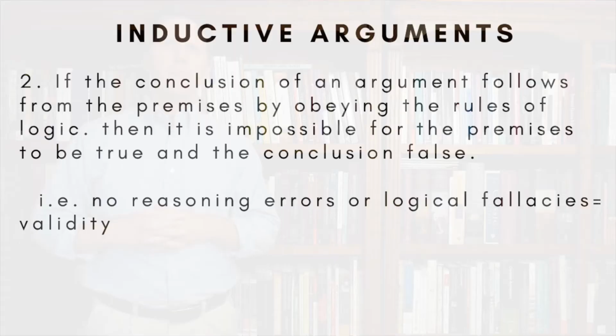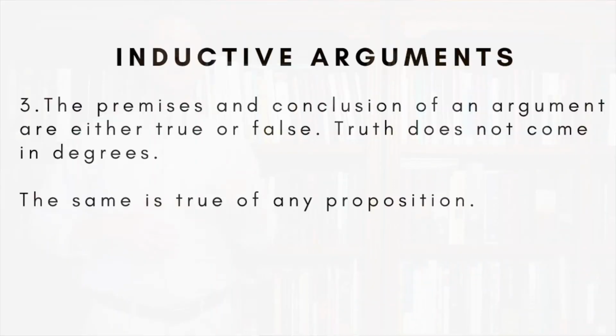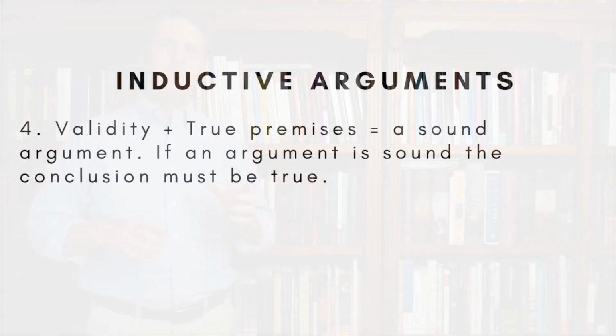Number 2, if a deductive argument's conclusion follows from its premises by way of the rules of logic, it is valid. Number 3, an argument has either true or false premises. Truth does not come in degrees. Number 4, validity plus true premises equals a sound argument. If the argument is sound, the conclusion must be true.